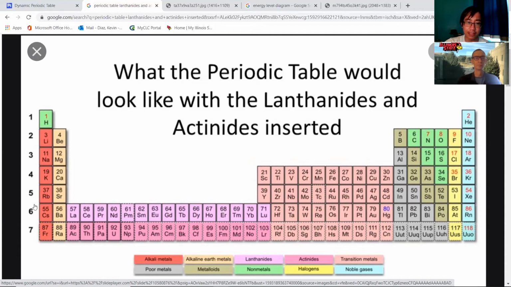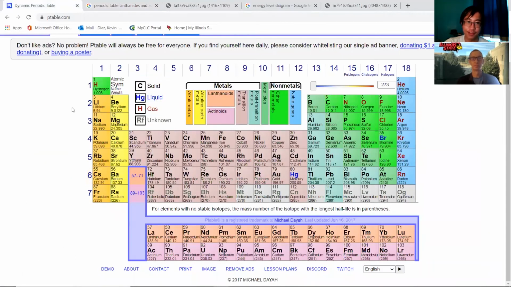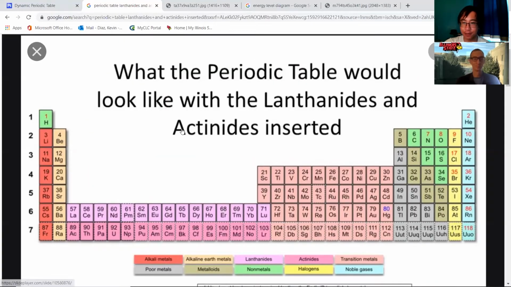You can see S, F, D, P orbital elements, as I'll refer to them. But for practicality reasons, we end up putting them on the bottom, so that when we print out periodic tables on exams, you can still read it and fit more information into each square.